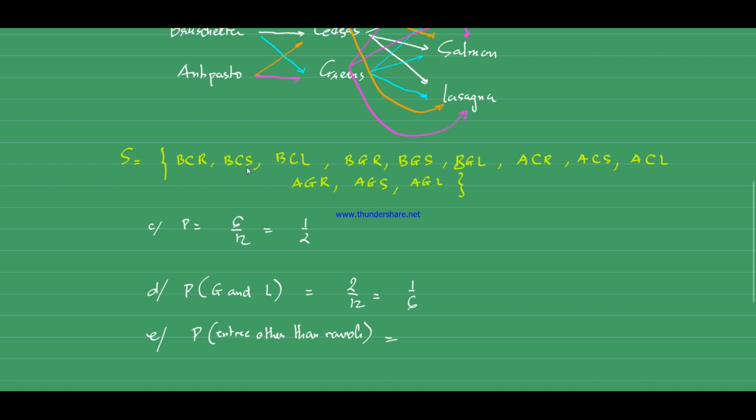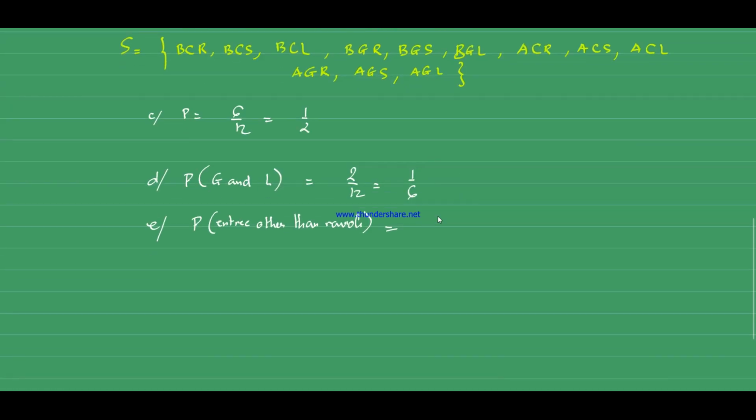So either salmon or lasagna will be included. So then we have 1, 2, 3, 4, 5, 6, 7, 8. So 8 over 12 will be 2 over 3. There you go. Okay. Pretty easy, huh?